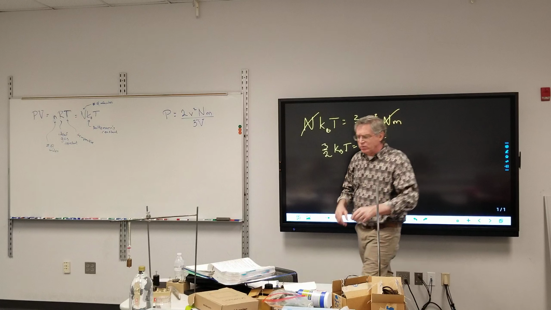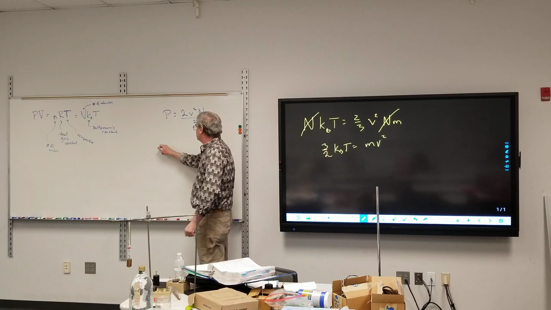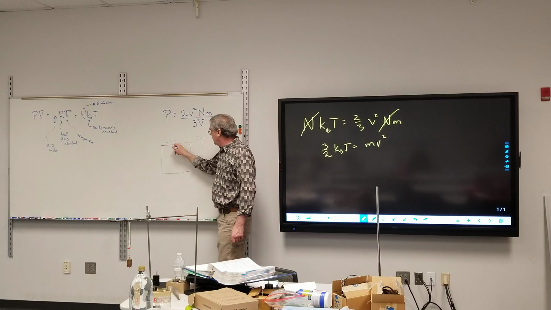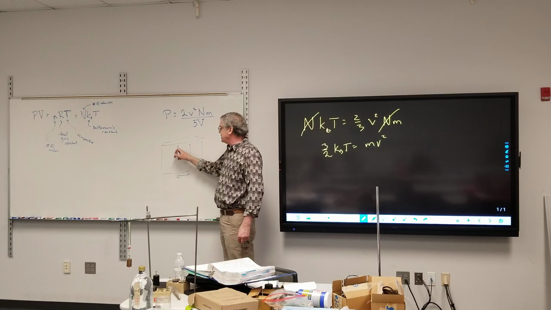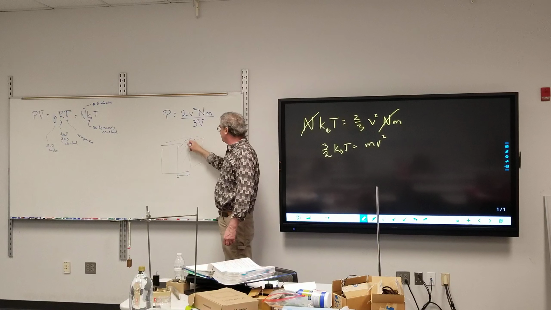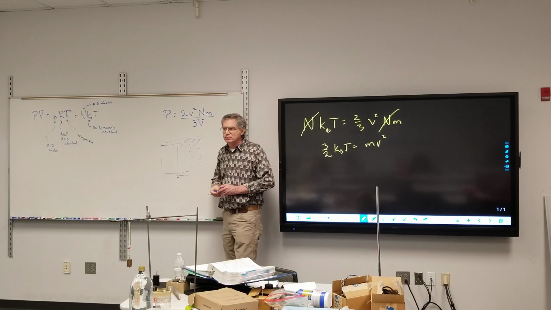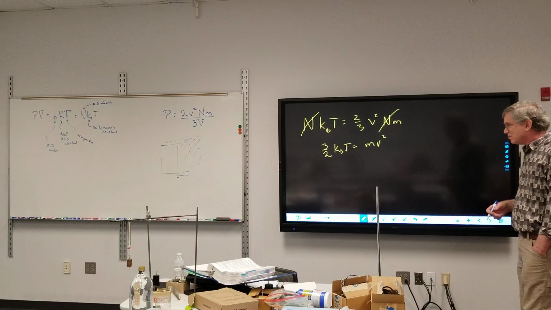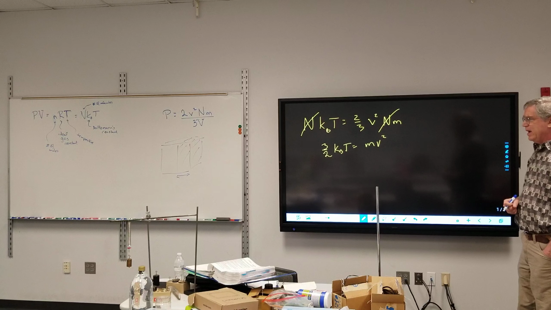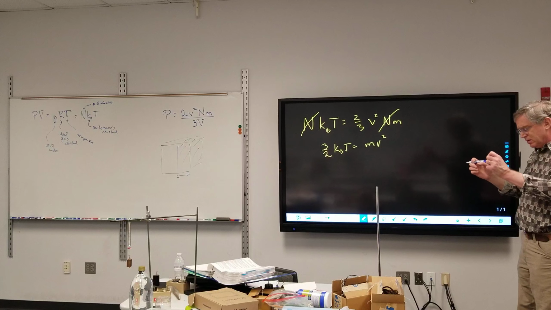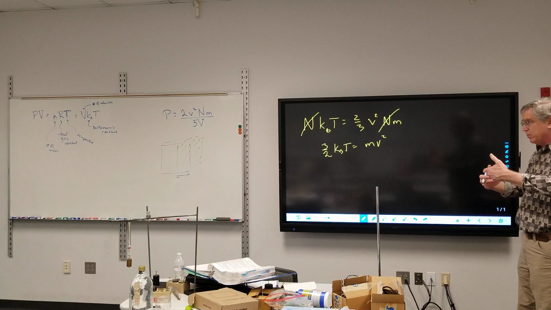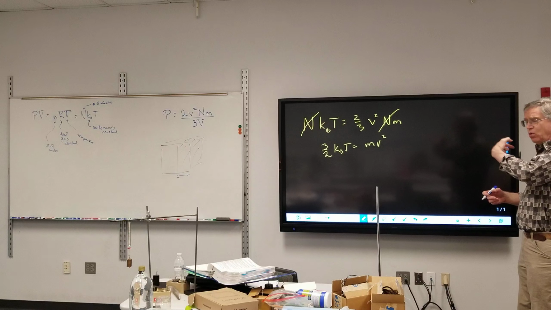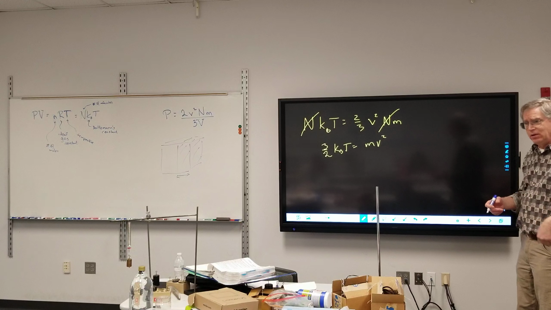If you think back to when we had the box, and I was talking about within a certain amount of time t, you have only a certain number of particles that are going to be hitting the wall over here. Statistically, half of those are heading towards the wall, and half are heading away from the wall.